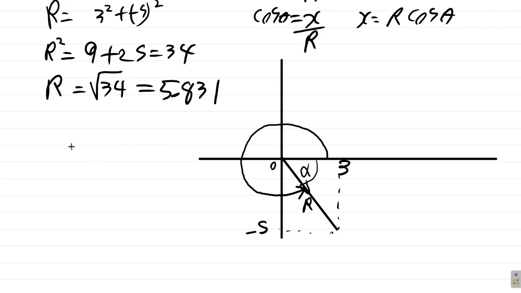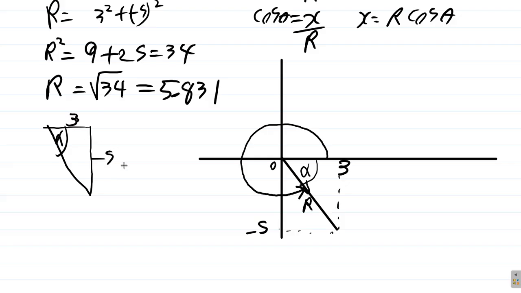So here now, let's find alpha. The triangle with alpha looks like this. This would be -5 and 3.